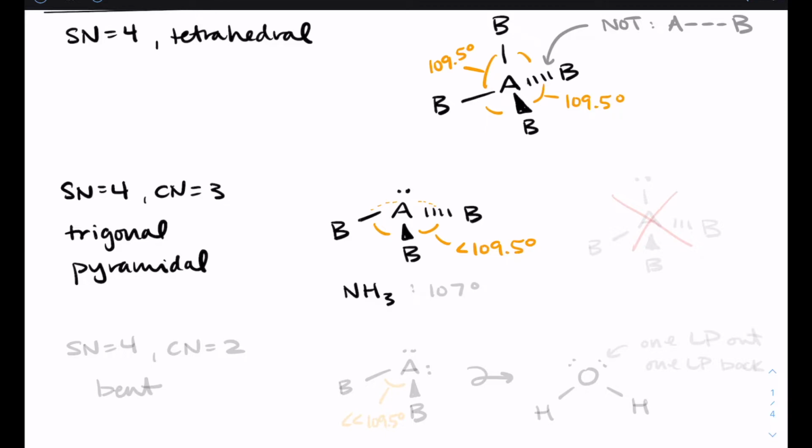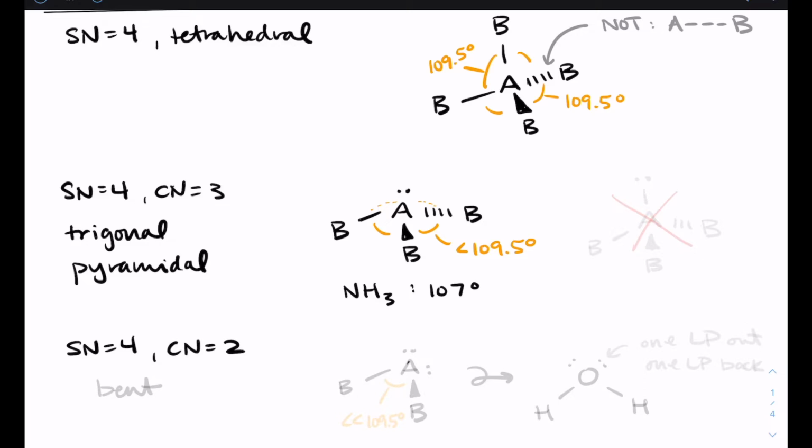For steric number 4, we can also go down to a coordination number of 2. So steric number 4, coordination number of 2, I have 2 things that are still connected and 2 spots that are filled with lone pairs. So 2 bonds, 2 lone pairs, but still those 4 things are getting as far apart from each other in 3D space as they can.